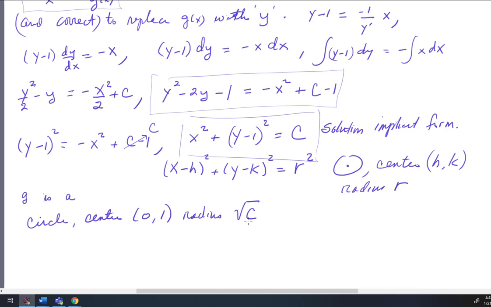And c is an arbitrary constant, so we want this thing to be real, so c is going to have to be greater than 0, so it's not imaginary. But other than that, it really doesn't matter what the size of the circle is.